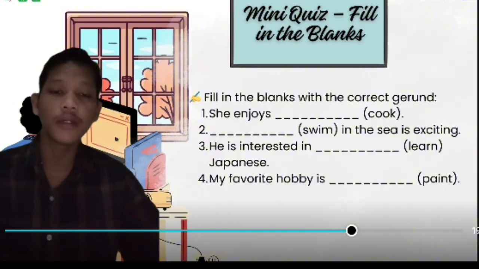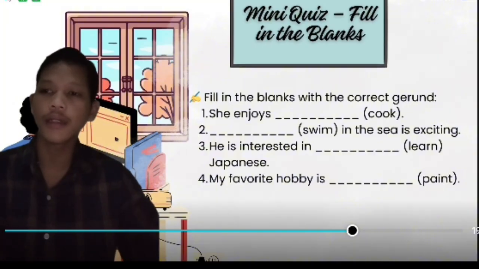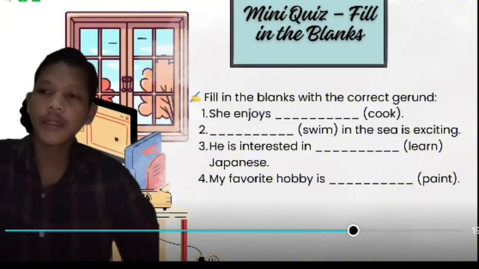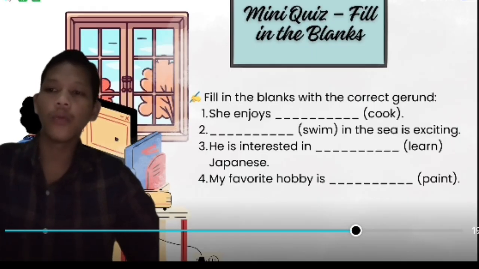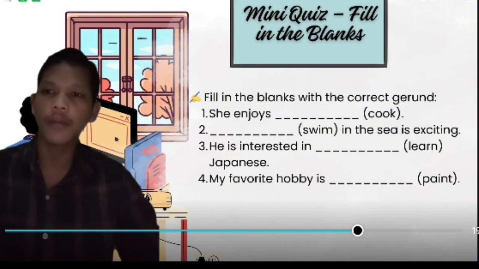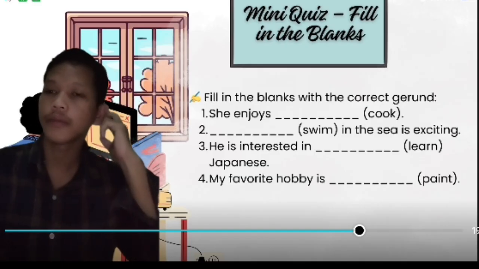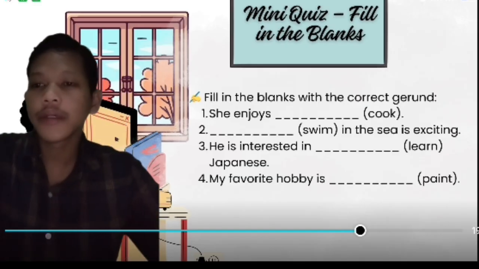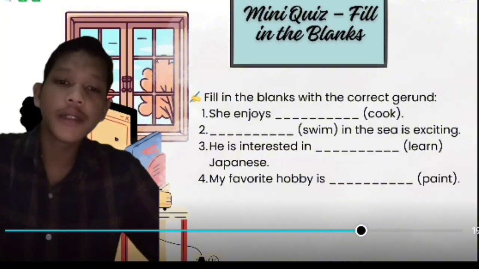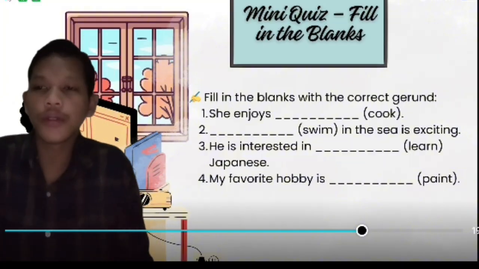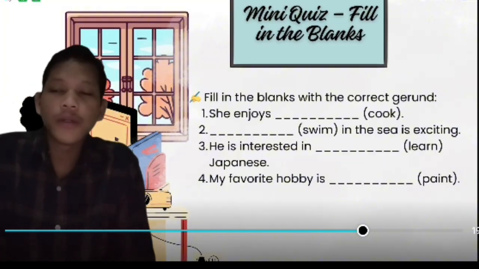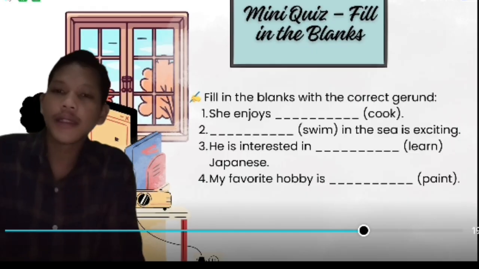Okay, the third sentence is he is interested in blah blah blah learn Japanese. So which one is the correct answer for filling the blank here? Okay, Fitra, good job. So the answer is learning.